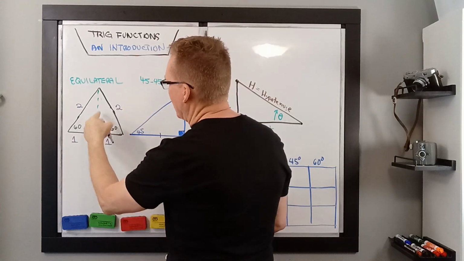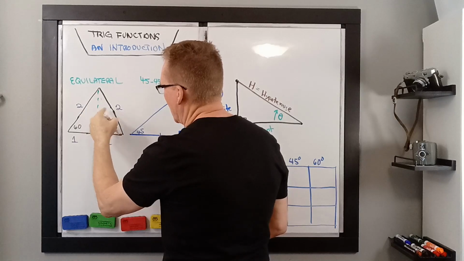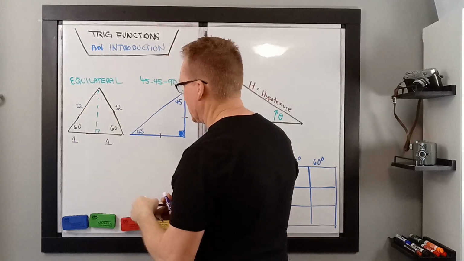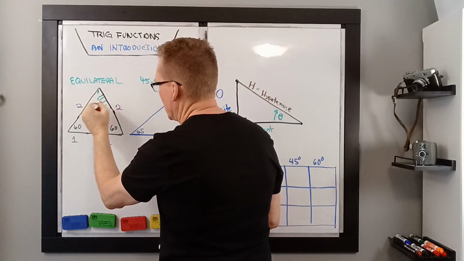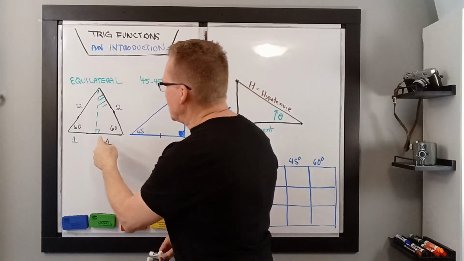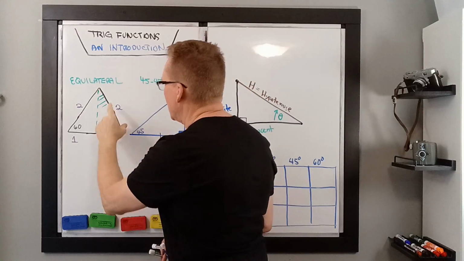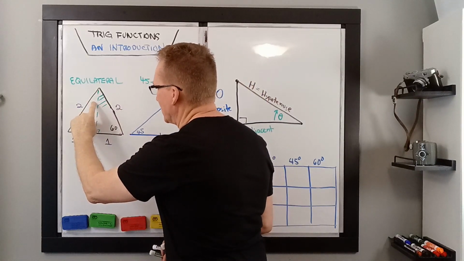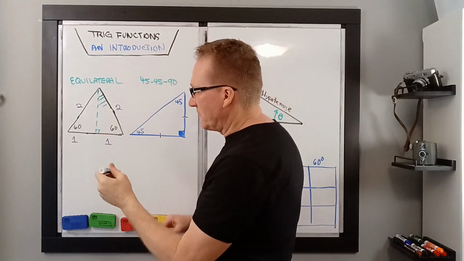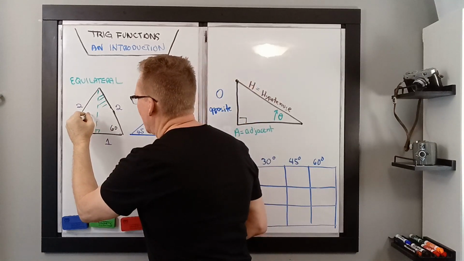So now notice we have a right angle triangle on this side here. Let me just sketch that in here for you. Right angle triangle, one side here is 1, the hypotenuse is 2. So how do we find the length of this side here? Well, that's very simple. I'm just going to call this value x.